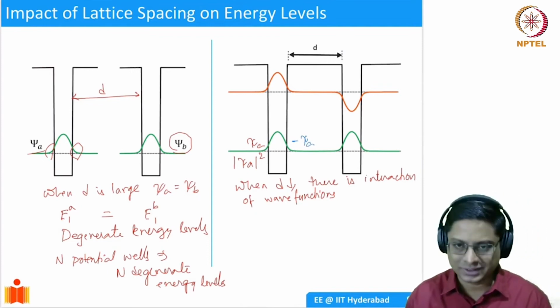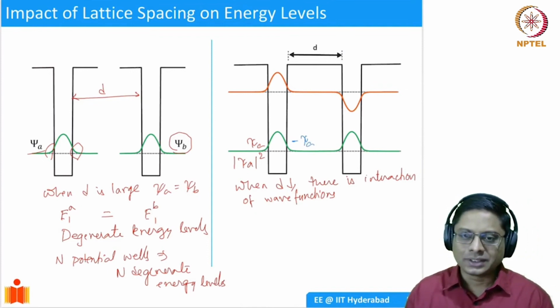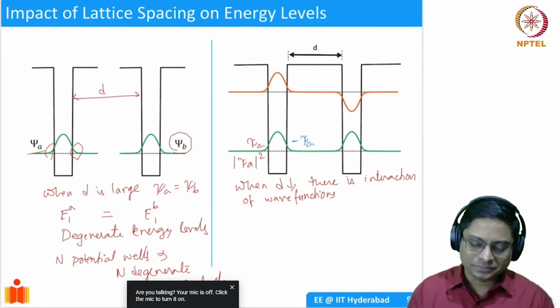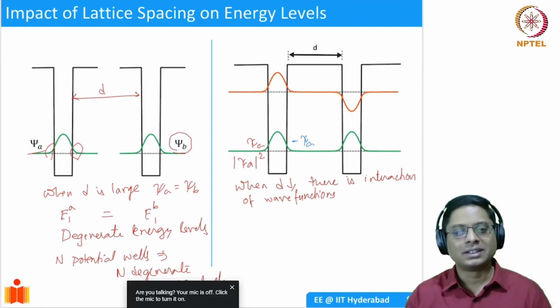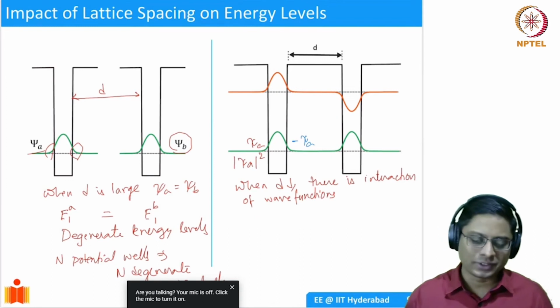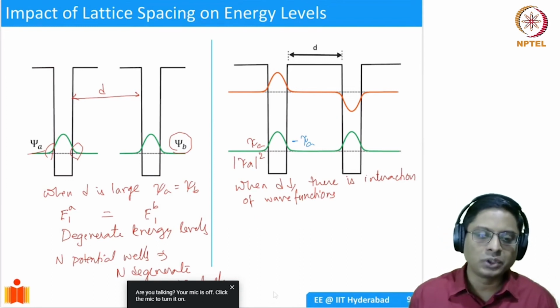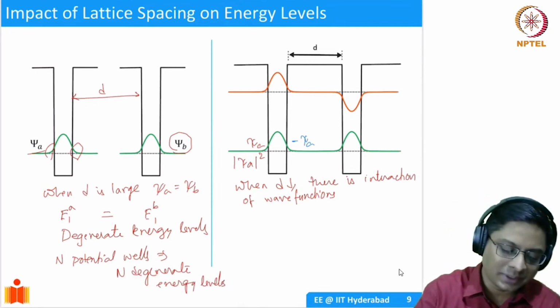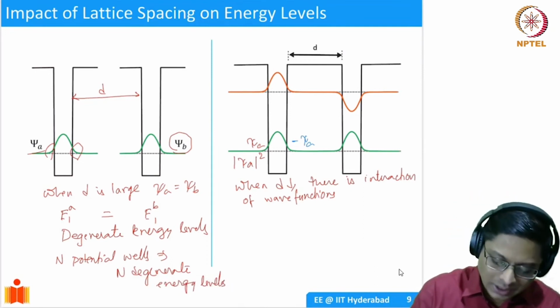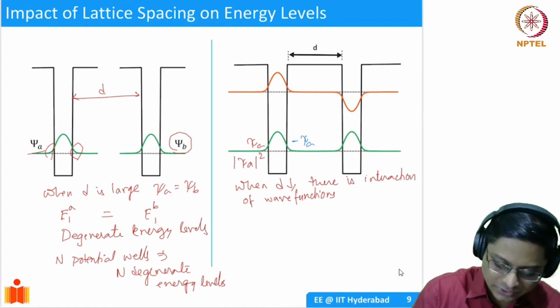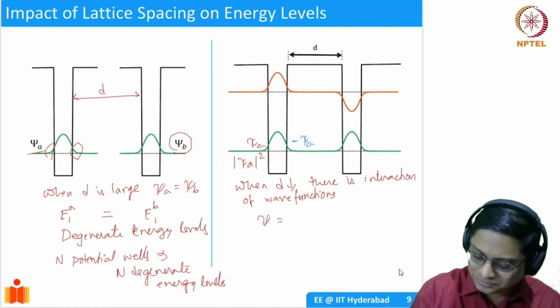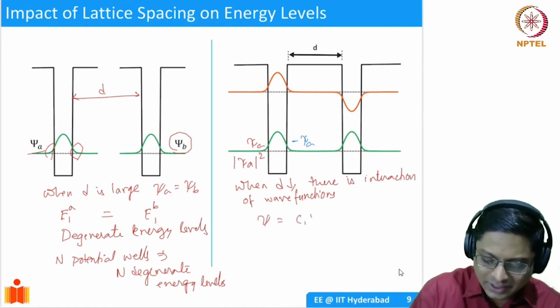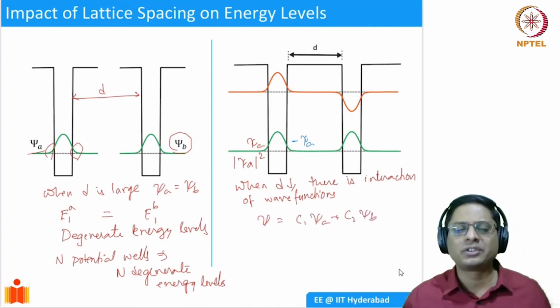Of course it will. So when you start having these two potential wells, the overall wave function is going to be a superposition of individual wave functions, a linear combination. So I'll say my overall wave function psi is going to be C1 times psi A plus C2 times psi B.